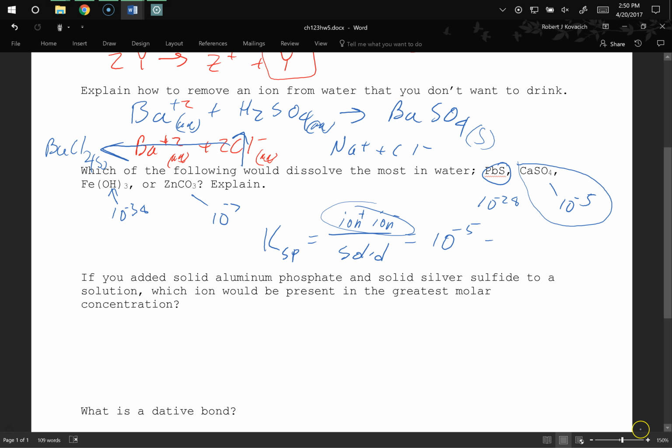So this is giving me calcium plus 2s and sulfate minus 2s and solid down here, the calcium sulfate. But I have a substantial amount of this because my number is only 10 to the negative 5th as opposed to the other ones. So what is molar solubility? Molar solubility, it's just the concentration of the soluble portion of the insoluble salt.